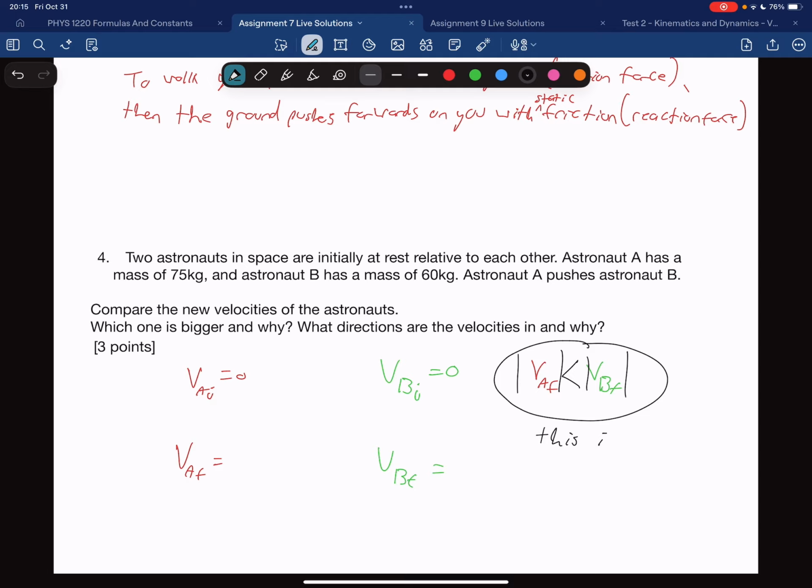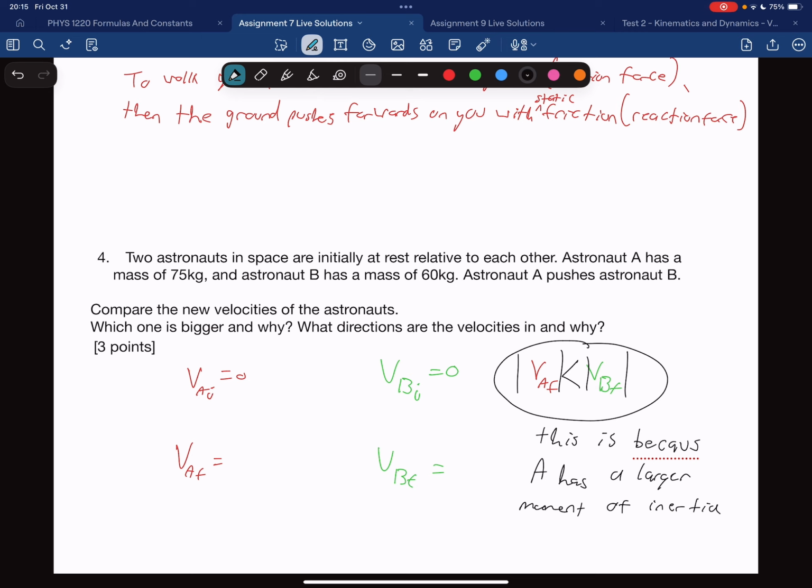This is because astronaut A has a larger moment of inertia.